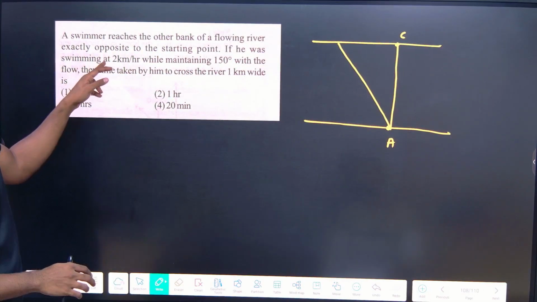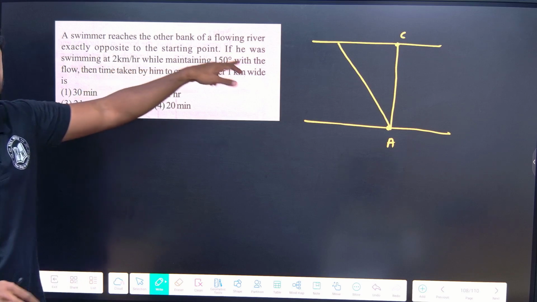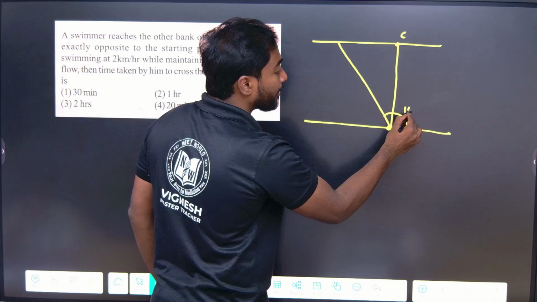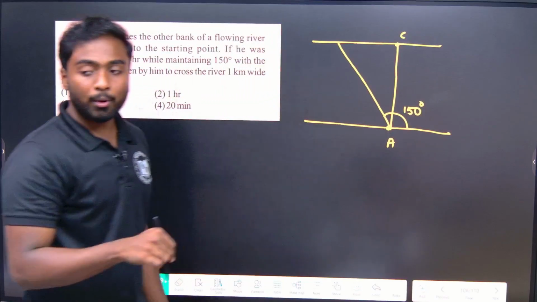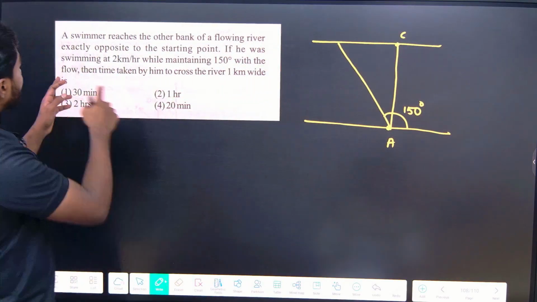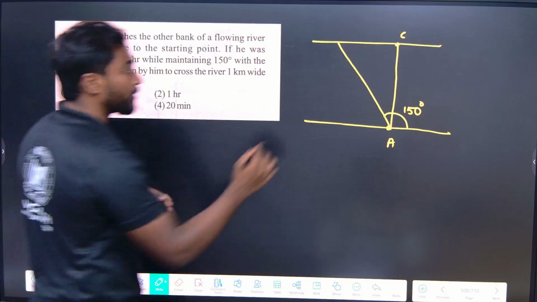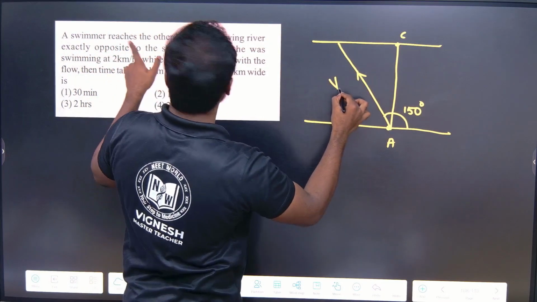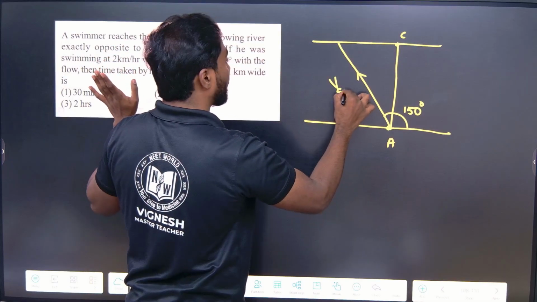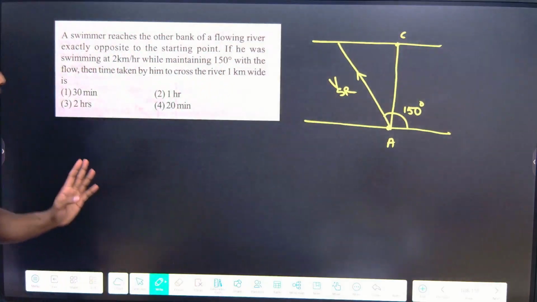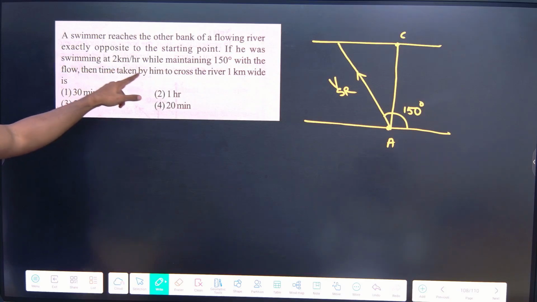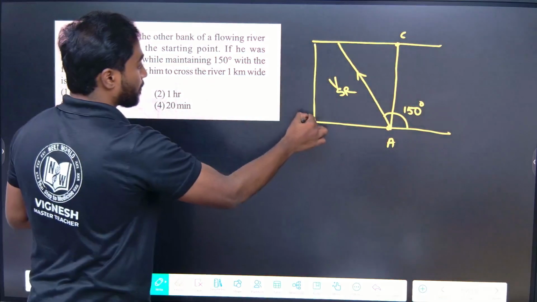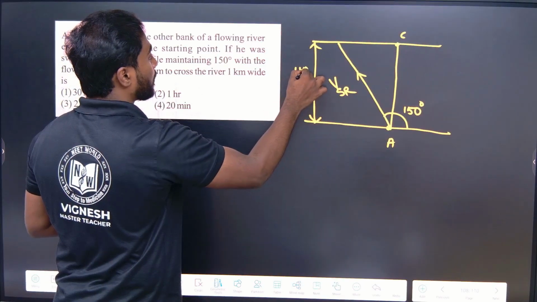If he was swimming at 2 km per hour while maintaining 150 degree with respect to the flow, water is flowing in this direction, so this is the velocity of the swimmer with respect to the river. Got it? The river is 1 km wide.